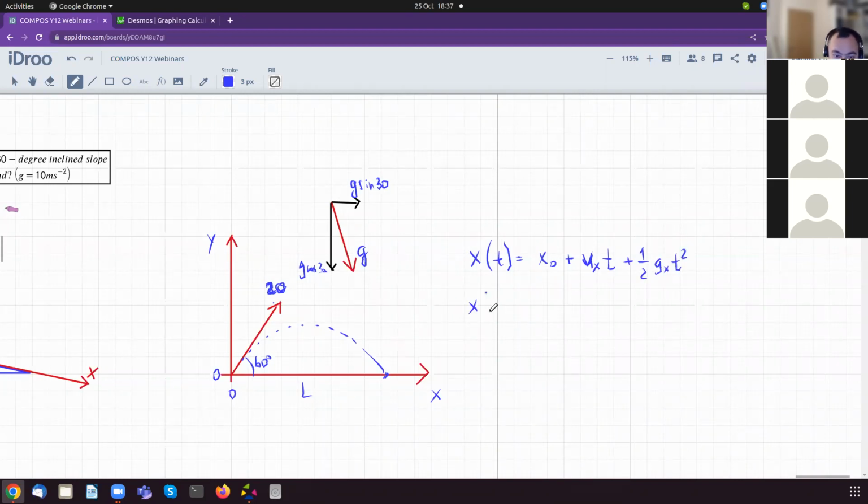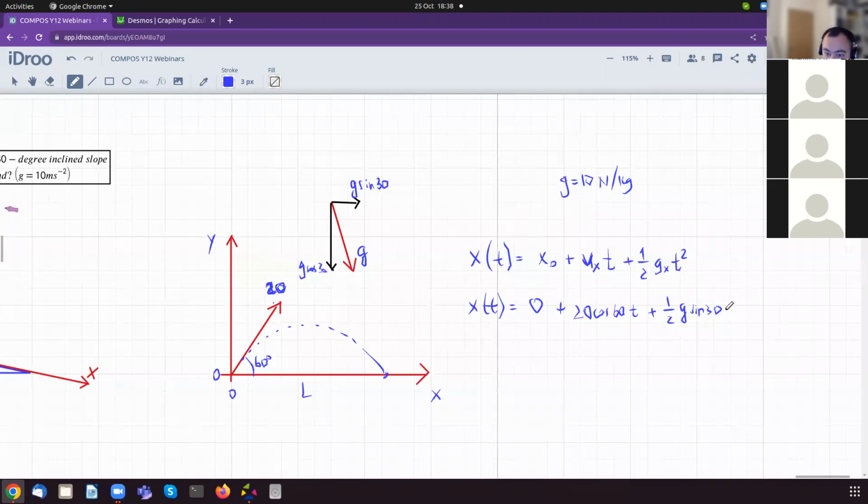So x of t is x0, which is 0, plus horizontal velocity, which is 20 cos 60, times t, plus a half times gx, which is g sine 30. I'm going to use g as 10 just for simplicity. G is 10 newtons per kilogram.